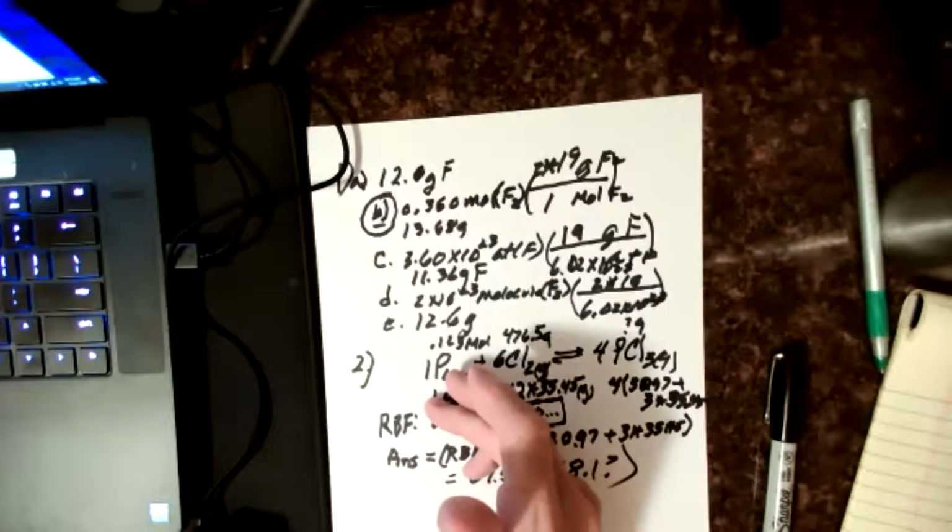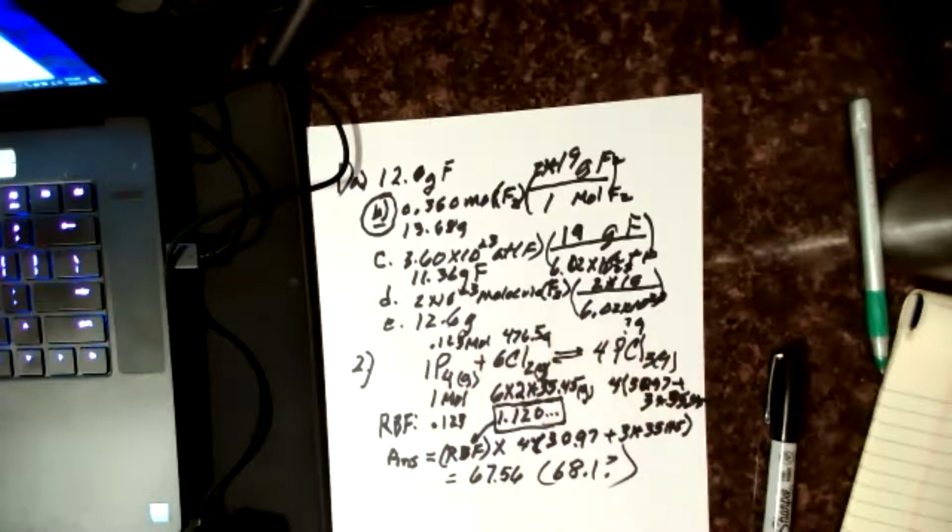Let's go back. But 0.123 is correct for up here. So 0.123 is the rebalancing factor times 4 times 30.97 plus 3 times 35.45. Close. I'm still getting it.